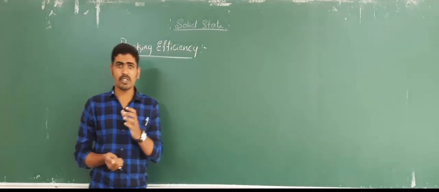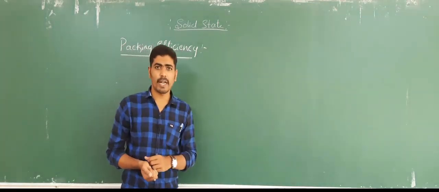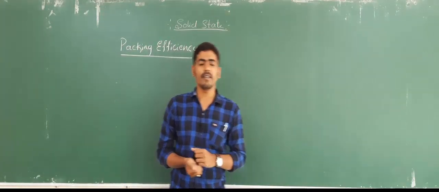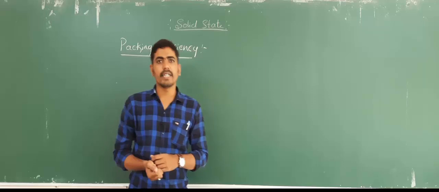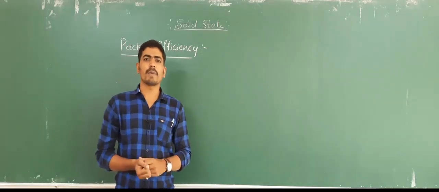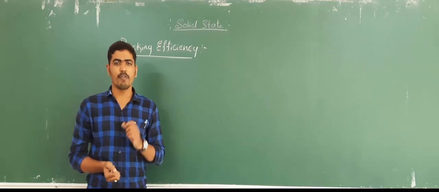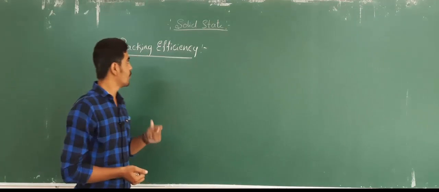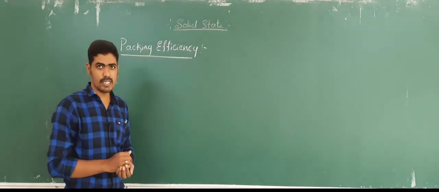And how much space is occupied by those particles inside the unit cell is calculated in terms of percentage. And that total percentage of space filled by the particles in the unit cell is said to be packing efficiency.